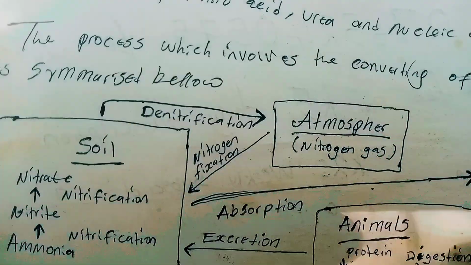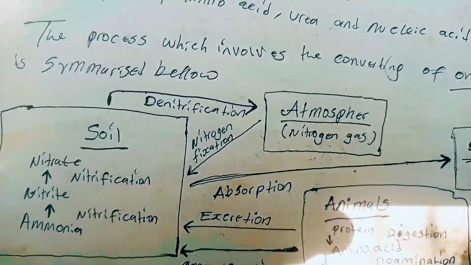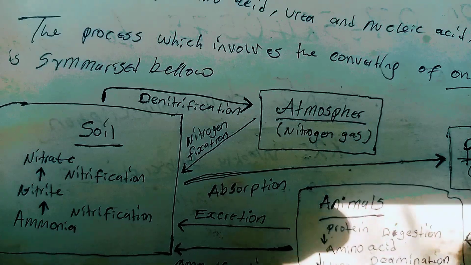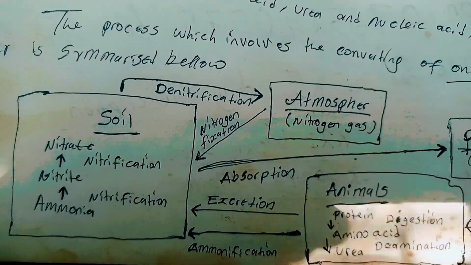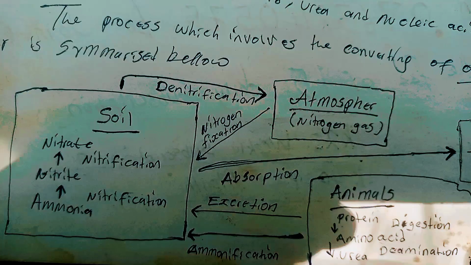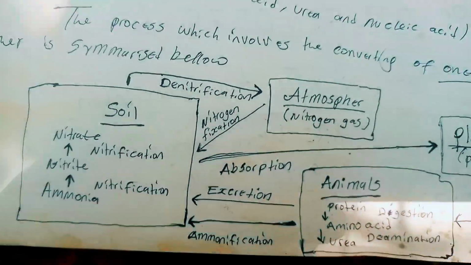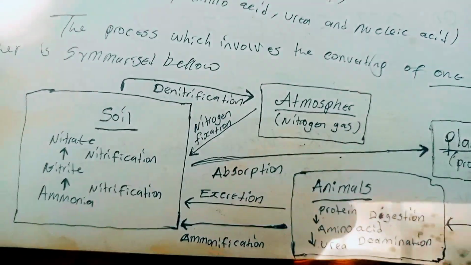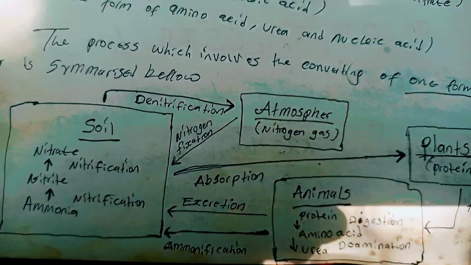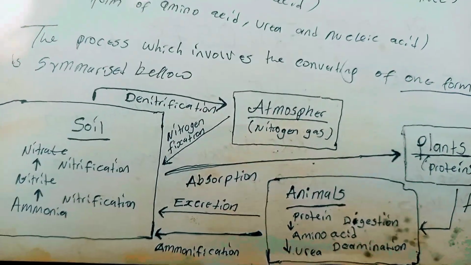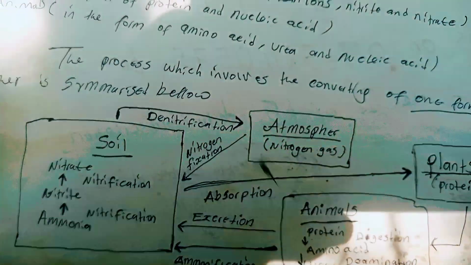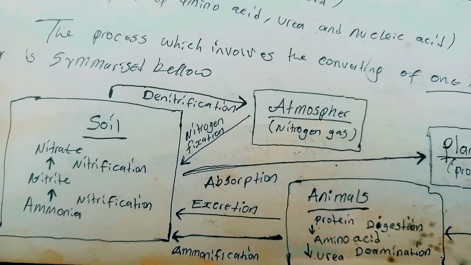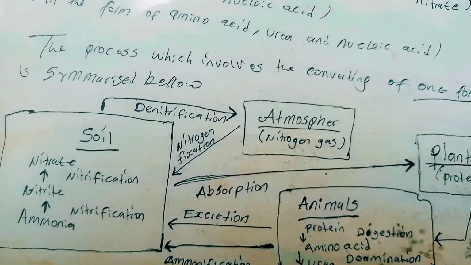Nitrogen in the atmosphere has to react with hydrogen with the help of a bacteria we call Rhizobium, or another bacteria we call Azotobacter, Anabaena. These bacteria help nitrogen to be converted into absorbable nitrogen compounds, which later react with the hydrogen so that they can form ammonia.